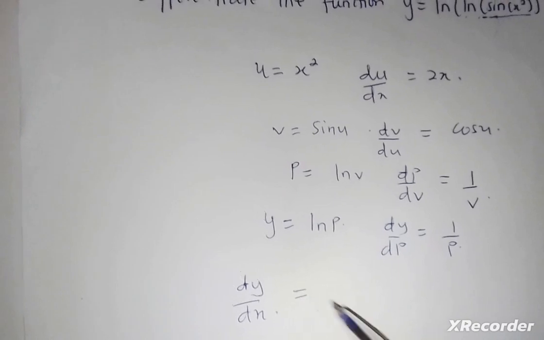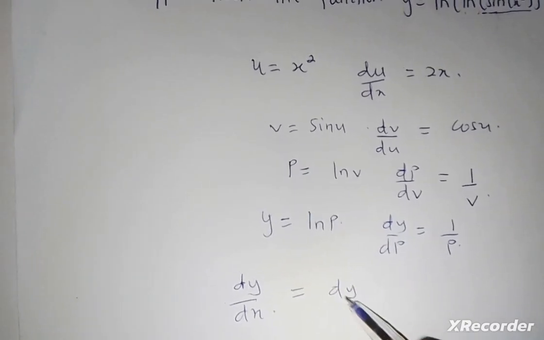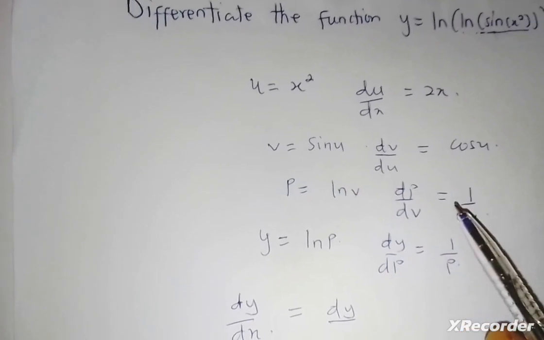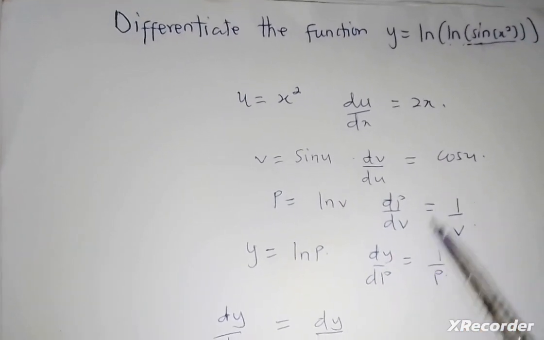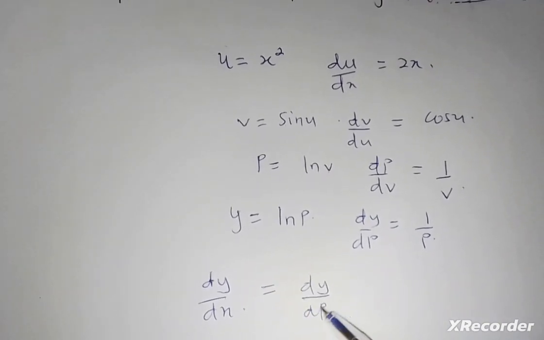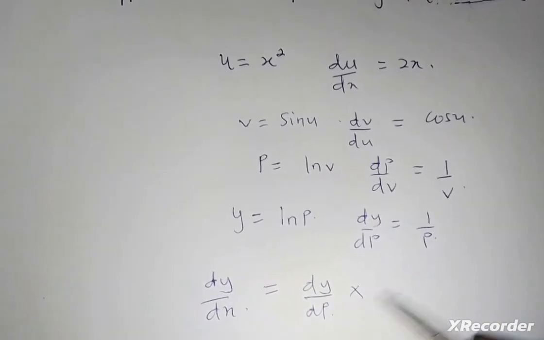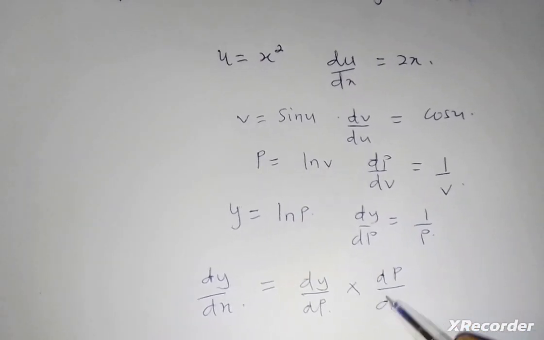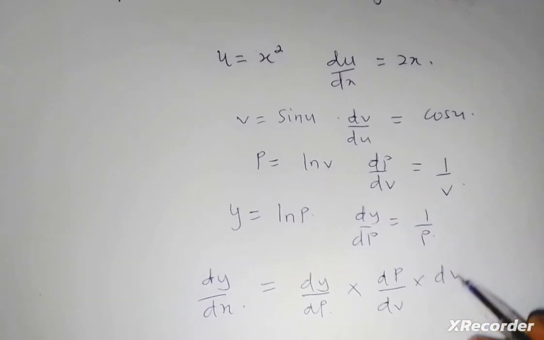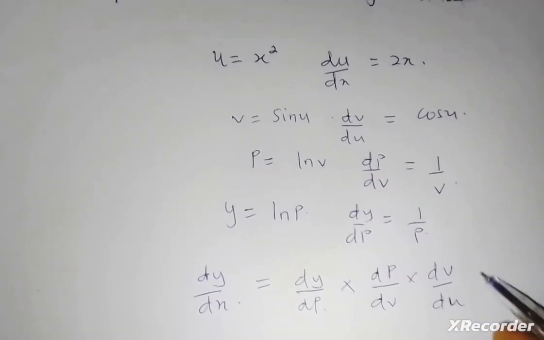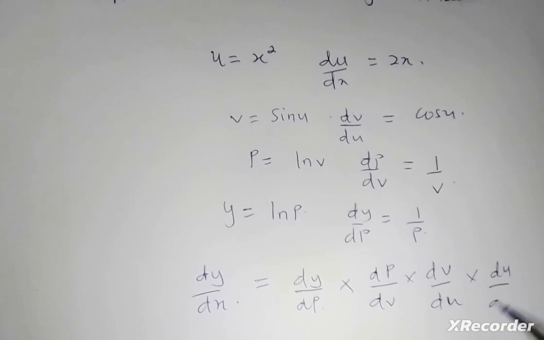So this will be equal to, in the chain rule that we did, dy over dp, then times dp over dv, then dv over du as we see, then finally du over dx.